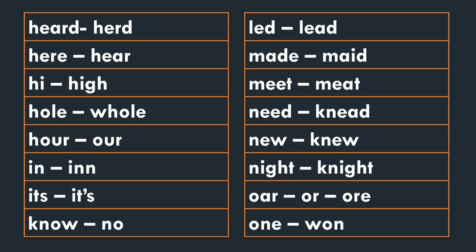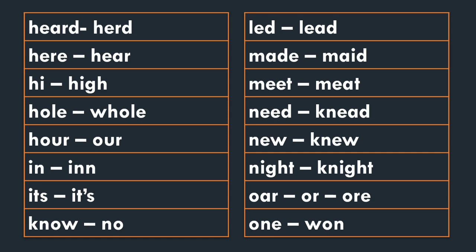Next is OAR, pronounced or: O-A-R, OR and ORE. So there are three different words with different meanings, but the pronunciation is the same. OAR is a long narrow stick, flat at one end, which is used to row the boat.